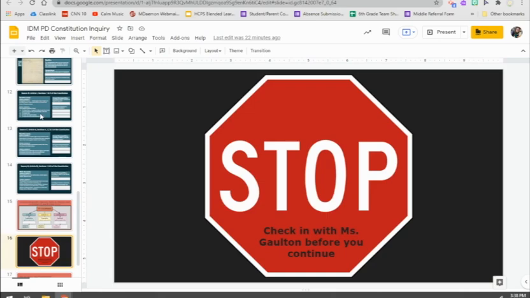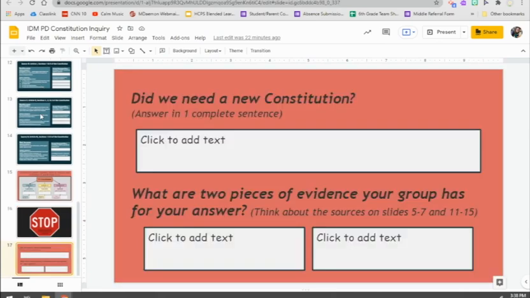They come to the stop sign, check in with me, and then can move on to that final performance task. I didn't choose to do any extensions or taking informed action with this inquiry, but you could certainly either add it to the slide deck or create another activity to do that on.